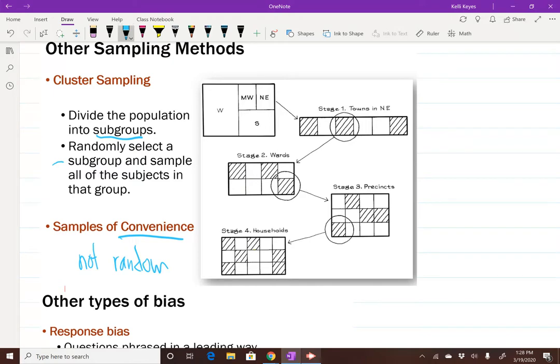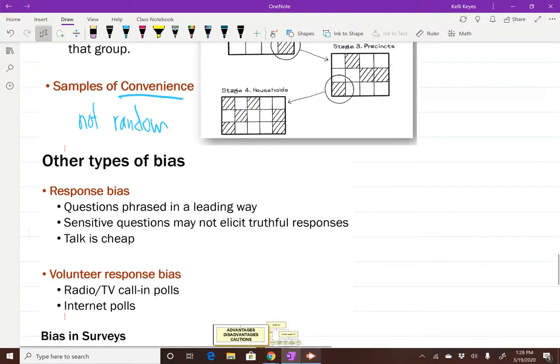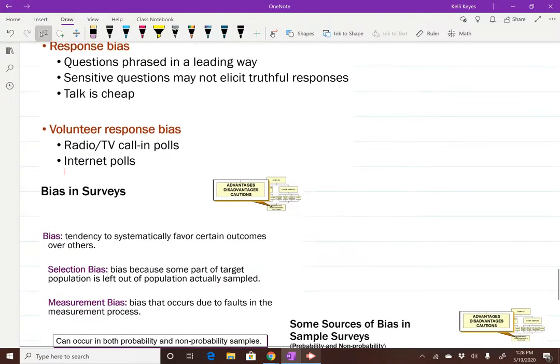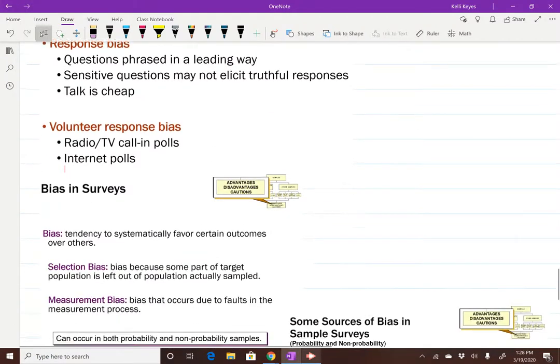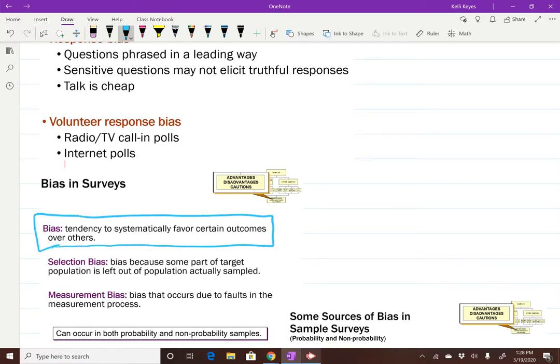So there's that. So when you sample, there are types of bias, and bias is basically where it's directed in one direction or the other.